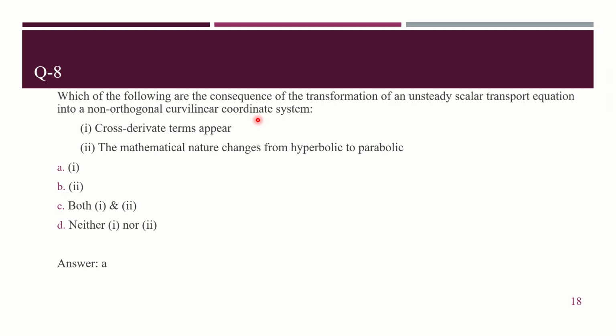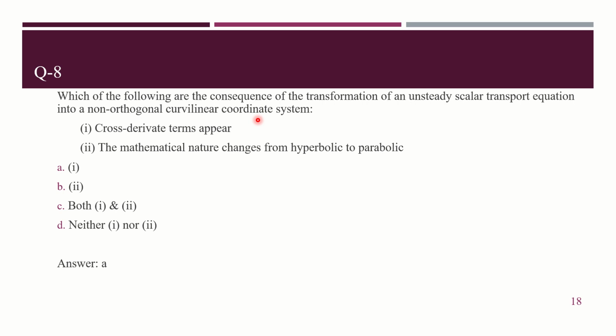So here the options given are: option 1, cross derivative terms appear, and second one, mathematical nature changes from hyperbolic to parabolic. So the right answer is option 1 is true but 2 is false.